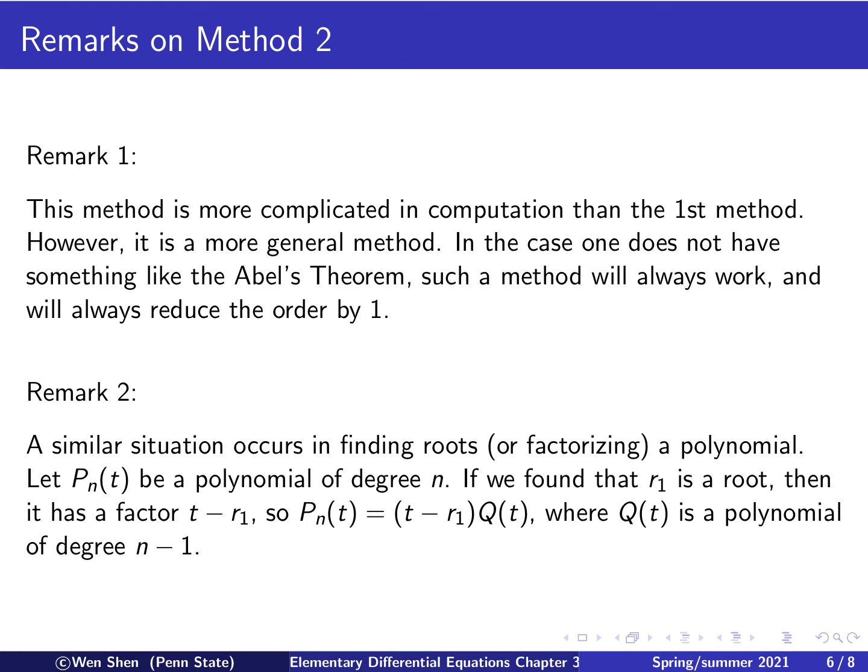Now if by some lucky guess, or some bird whispered it to me, I find a root R1, then we know that this polynomial would contain the factor t minus R1. Then Pn would equal this factor, t minus R1, times q of t, and here q of t would be a polynomial of degree 1 less, n minus 1.